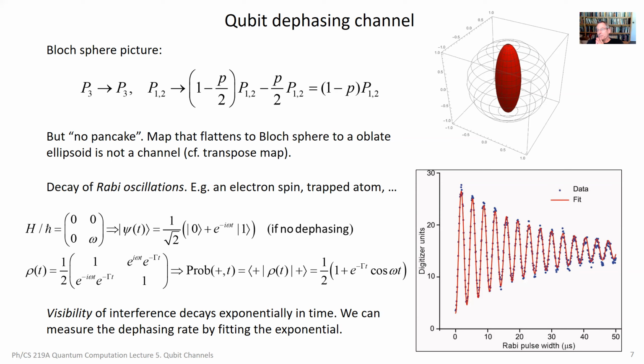An example might be: I prepare a state of an electron spin, maybe a superposition of spin up and spin down, or an atom in an optical trap, which is a superposition of the ground state and the excited state, where the two states being superposed have different values of the energy.